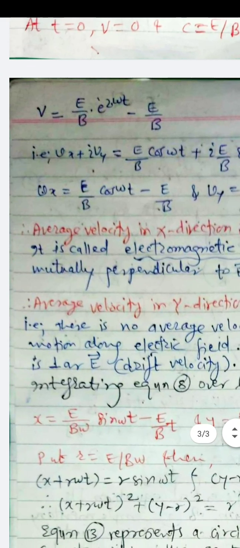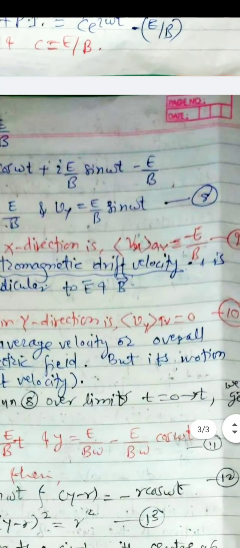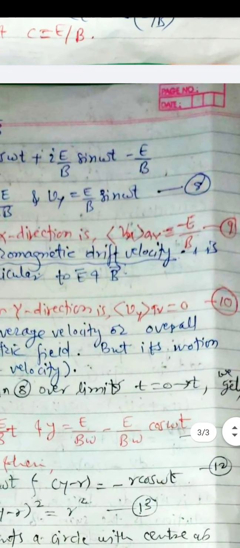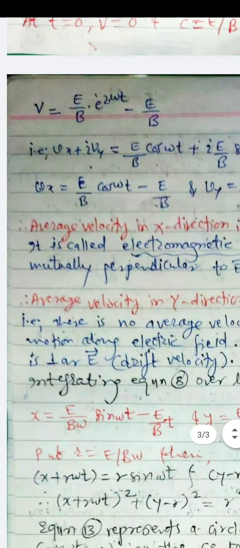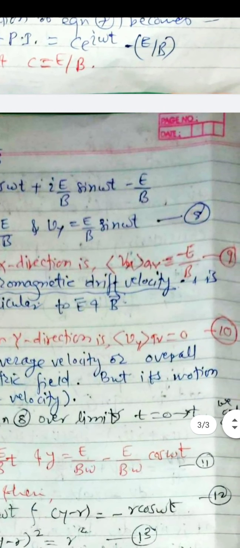Now we have to take into consideration the average velocity of the particle in the x direction. In symbolic form, the average velocity equals minus E upon B, equation number 9. It is shown here. And it is called electromagnetic drift velocity.